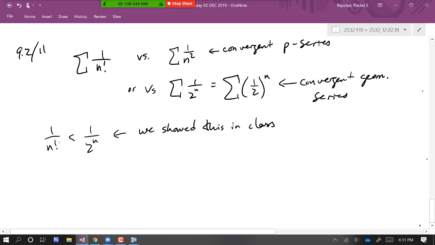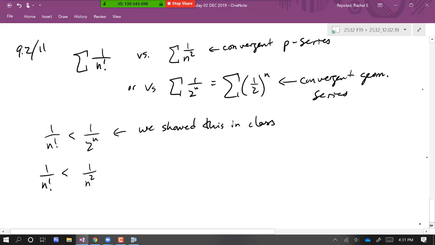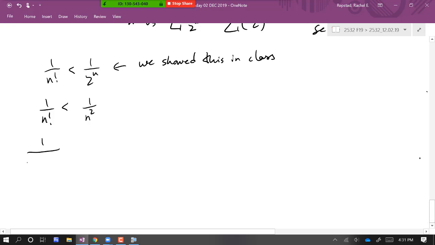The other one is 1 over n, n minus 1, n minus 2, down to n times n.